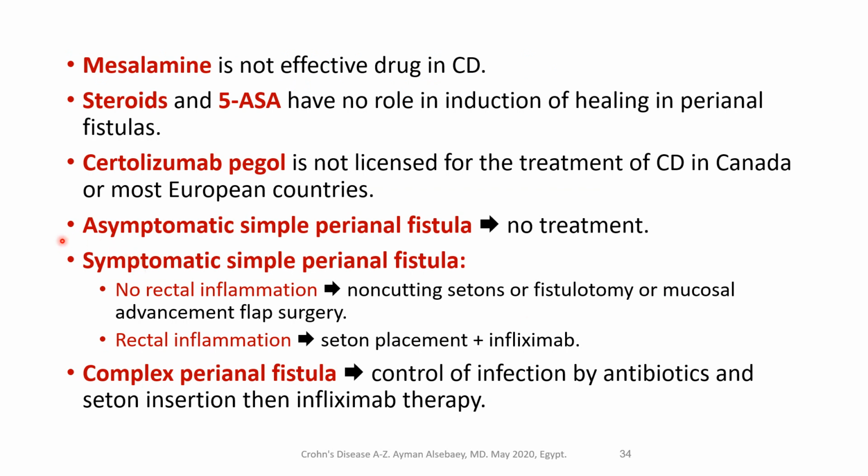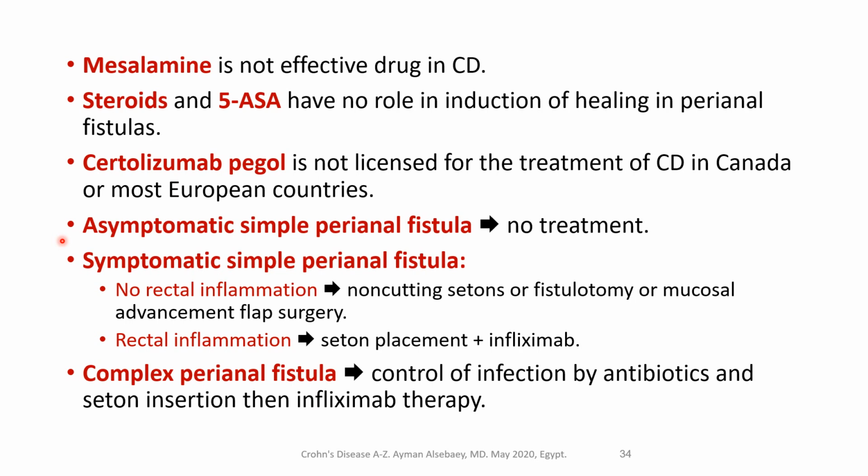When we study the drugs which are used in the treatment of Crohn's disease, we will find that there are some drugs which are used in the treatment of ulcerative colitis that are not effective in Crohn's disease. Mesalamine is not an effective drug in Crohn's disease. Forget it. Okay? If you have perianal disease or perianal fistula, forget mesalamine and forget corticosteroid.